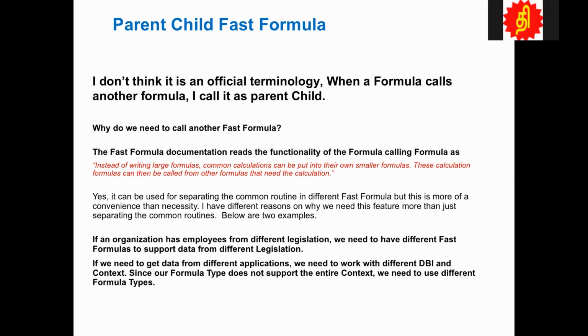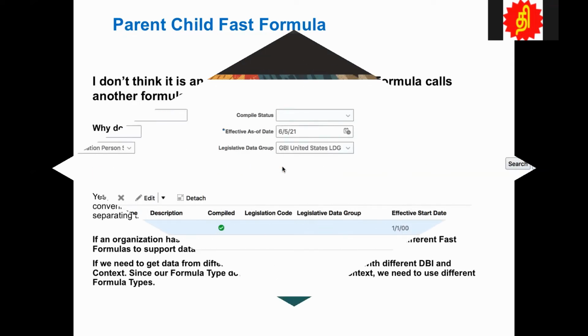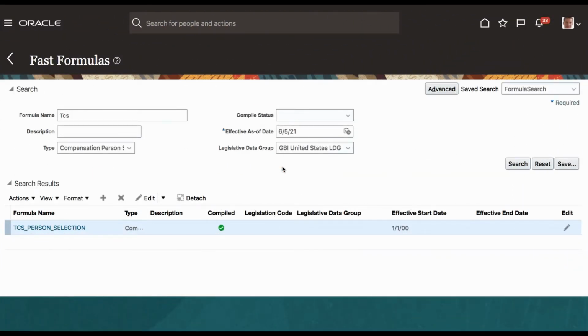Okay, before we get into detail, let's see how legislation plays a role in fast formula, or how fast formula uses the legislation. Now, I'm going to create two formulas, one by one. In both formulas, I'm going to use the DBA from element entry values. You know that the element entries are based on legislative data group.